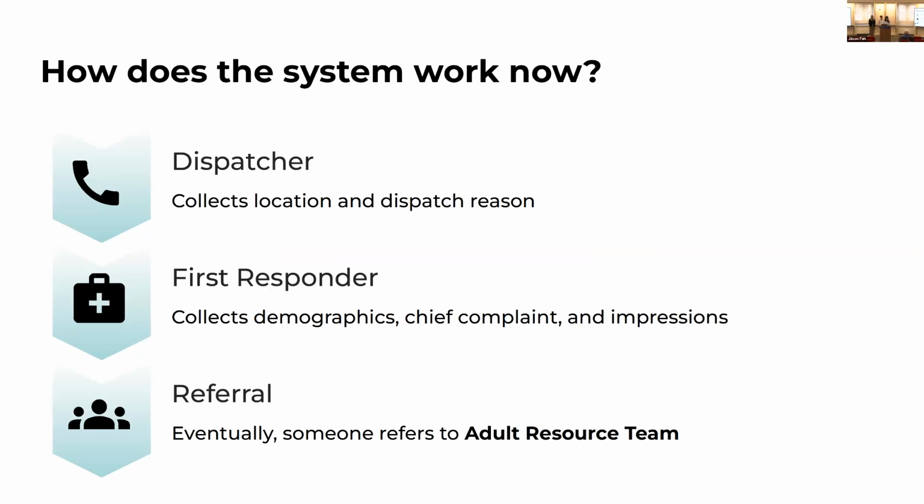So how does the system work now for Nancy and others like her? When she calls 911, a dispatcher takes her location, records a dispatch reason, and sends a crew. The first responders help her up, record some basic demographic information and their impressions, and leave.